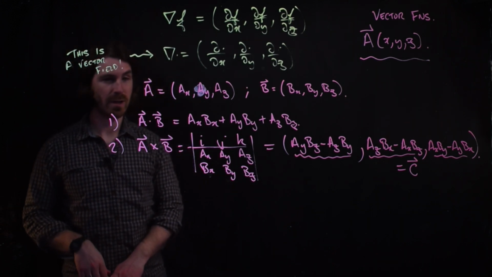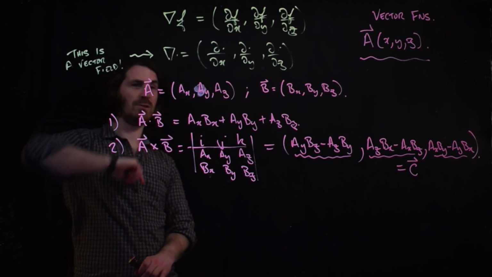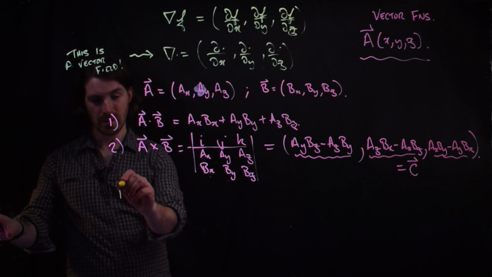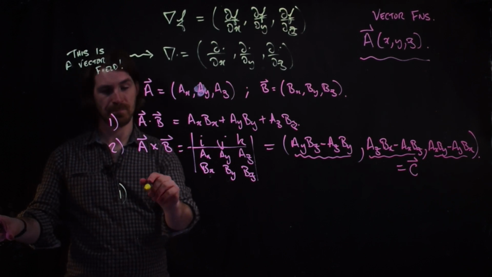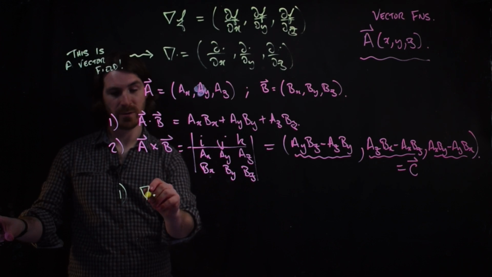Now, can we think about what we can do with this nabla? The analogous operation to the first one is called the divergence of your vector.